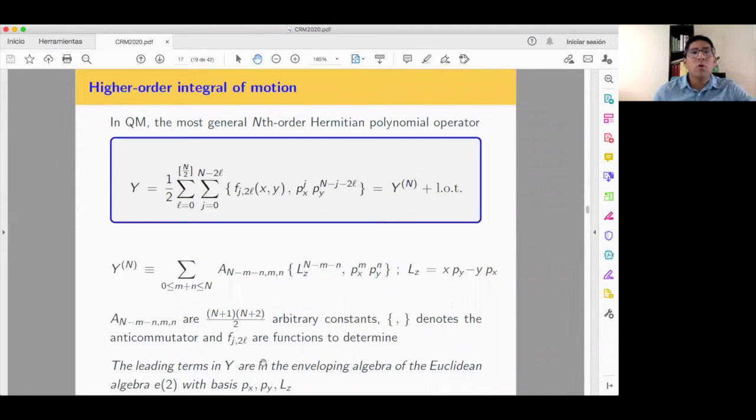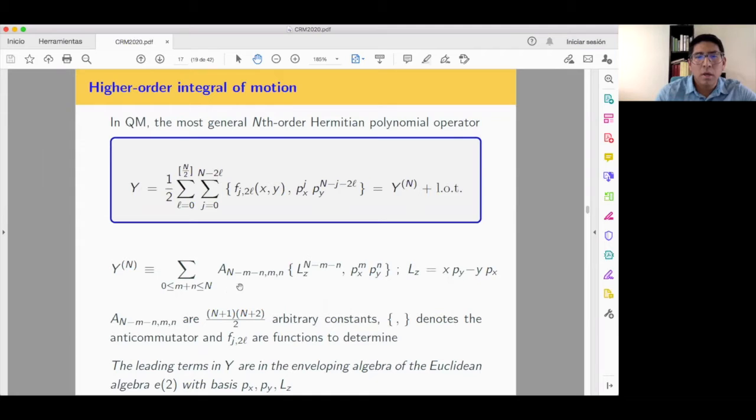So now we will focus and try to find another integral, but of higher order, in particular of order n. And the most general n-th order Hermitian operator, polynomial in momentum, is presented here. The leading part, so the n-th order terms, can be shown to have this form.